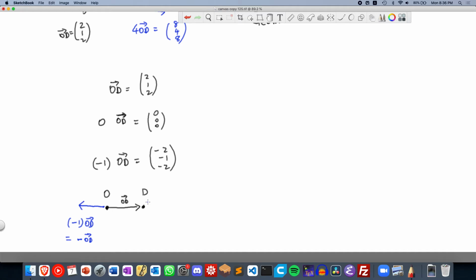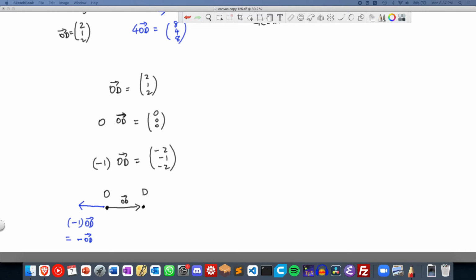If you look at it coordinate-wise, it also makes sense. If our vector originally went 2 in the x direction, 1 in the y direction, and 2 in the z direction, then by negating all its elements, I'm just going in the opposite direction. So the vector is just being flipped around.